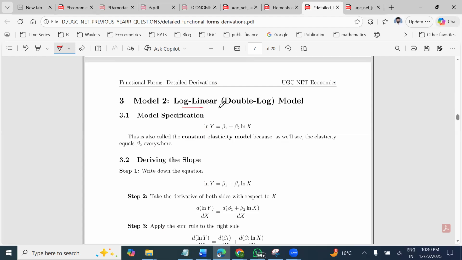Then the next type of model is the log linear model, or it is called the double log model, or the log model also. Like if you see the Gujarati, which chapter, Madhusmita? Chapter 5? No, chapter 5 is not having this.